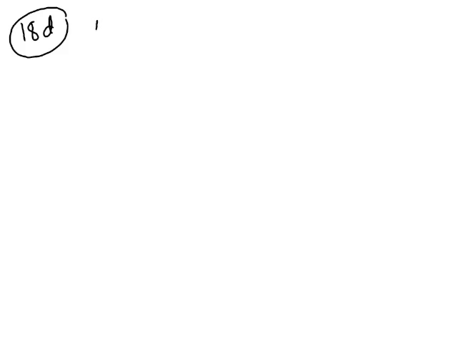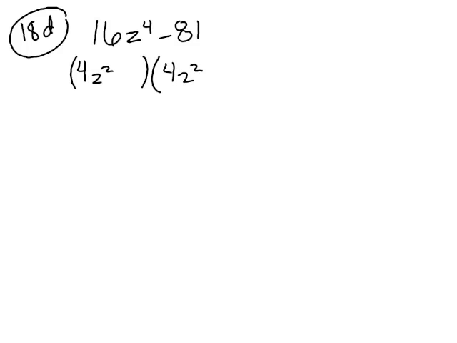18d is 16z to the fourth minus 81. So square root of 16, 4. The square root of z to the fourth, z squared. z squared, and the square root of 81.